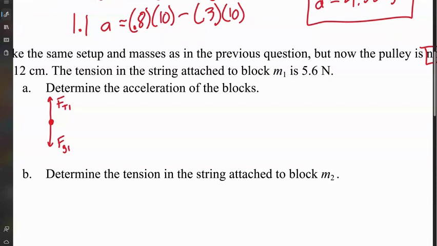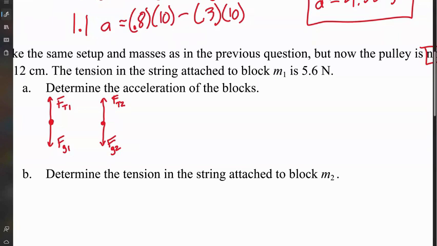Mass 2 has gravity 2 down, and it has tension 2 up. So they're very similar free body diagrams. Sorry, thanks for bearing with my technical difficulties with my pen. Gravity 2 down, tension 2 up.